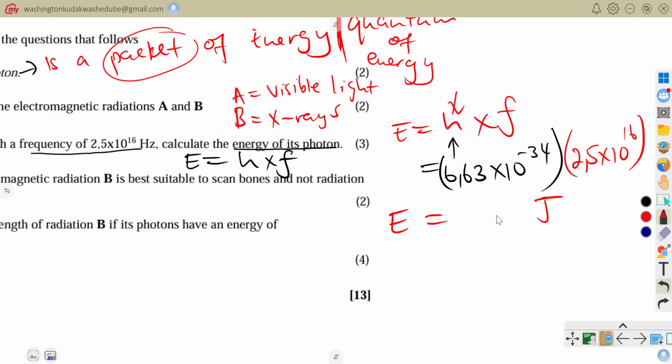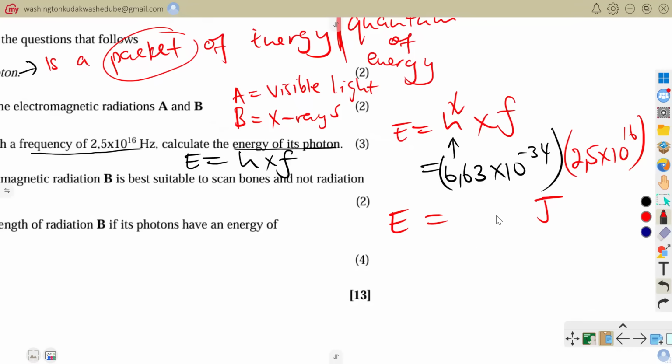So we need to punch in our calculator. We say 6.63 times 10 to the power of negative 34, multiplied by 2.5 times 10 to the power of 16.